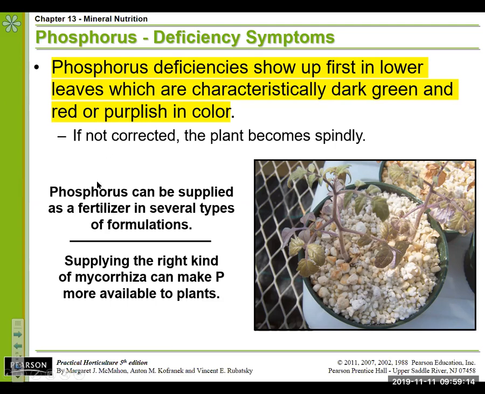And if it's not corrected, then the plant eventually cannot continue to move it. If it is not corrected, the plant will become spindly. Fortunately, there are several formulations of applying phosphorus as a fertilizer to the soil to make up for that loss.